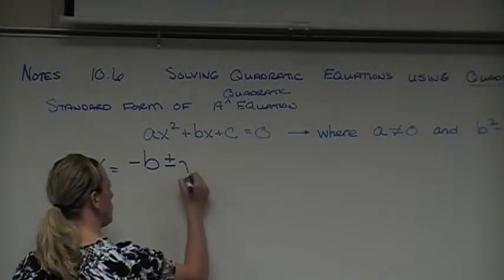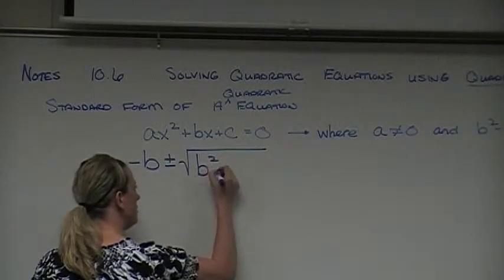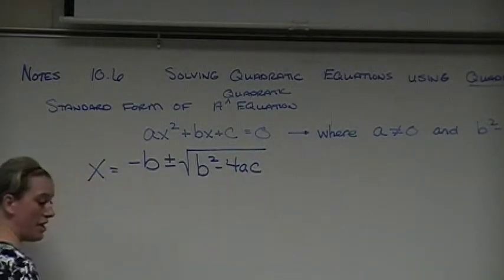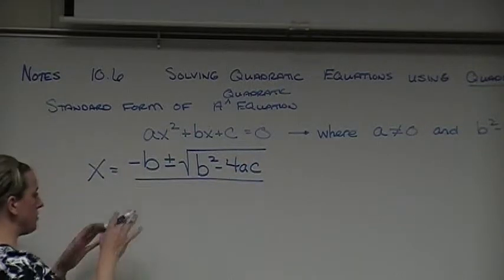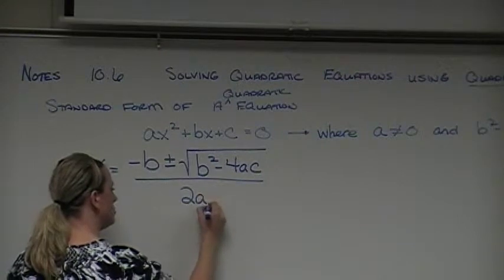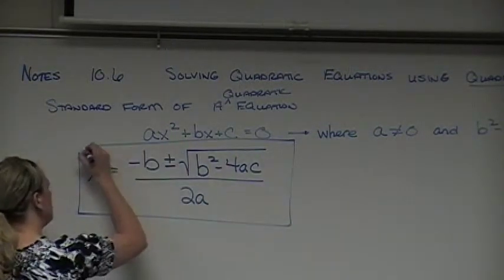Plus or minus the square root of b squared minus 4 times a times c, or 4ac, all over, now don't forget the all over because sometimes people forget and they only write this down, all over 2a, or 2 times a.